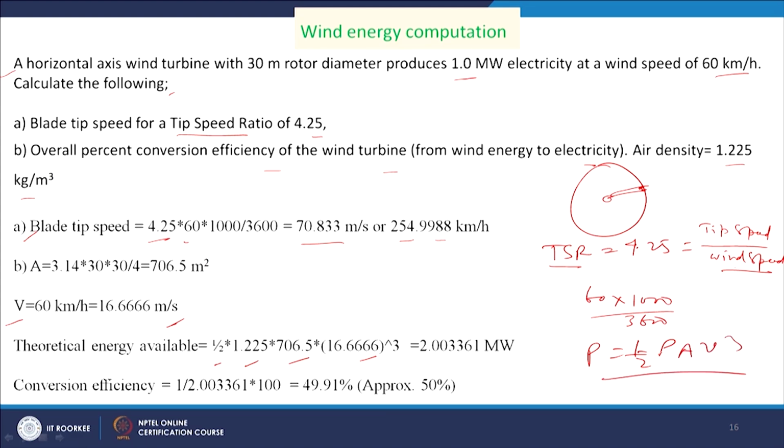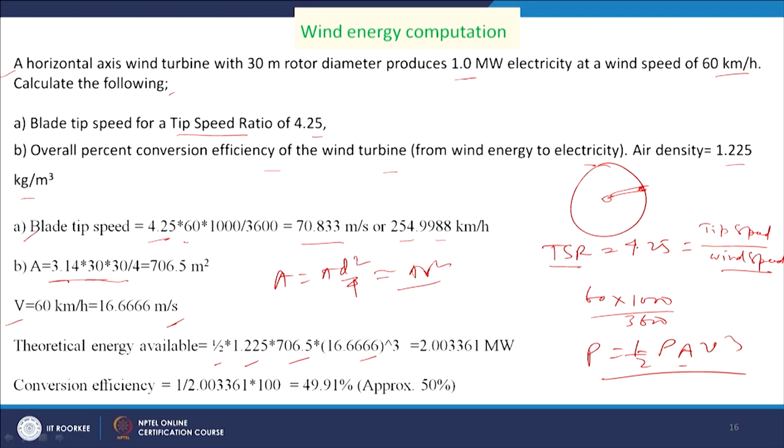So, rho is equal to 1.225 kg per meter cube, and then A is equal to the area, the area of the blade which has a diameter of 30 meter, the rotor diameter. So, A is equal to pi d square by 4, or is equal to pi r square. So, this is the area we are having.